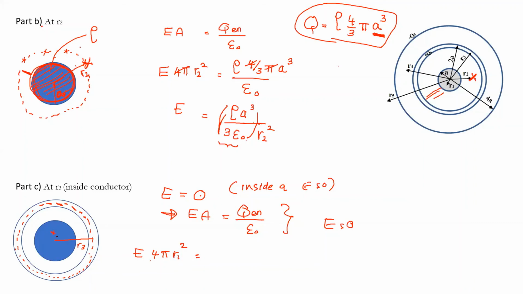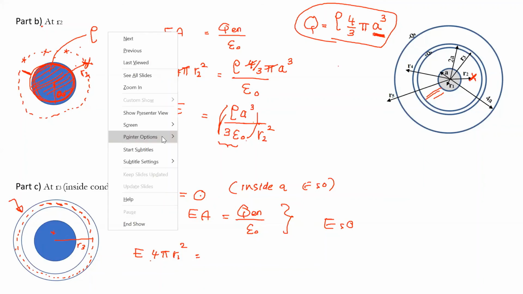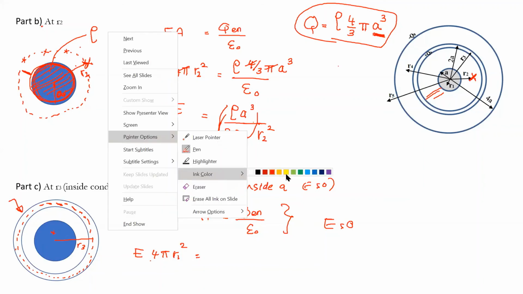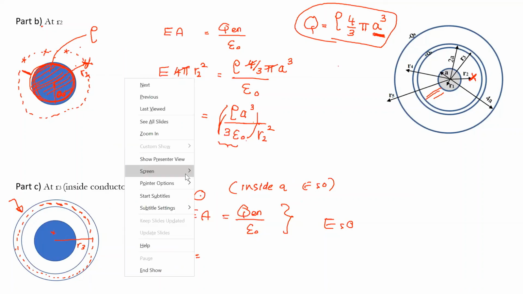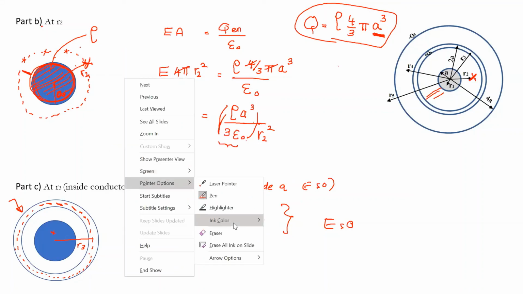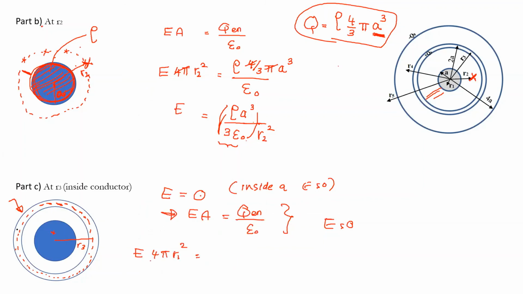Yes, this thing is there, but this is a conductor. So in a conductor, like we have already discussed, charges can flow. So will it just remain like this if there's a positive thing here?